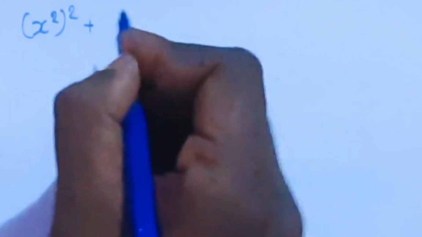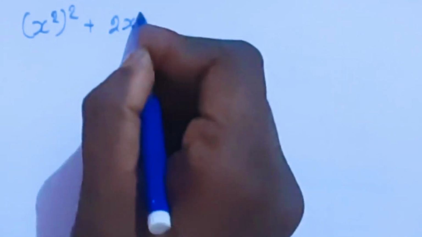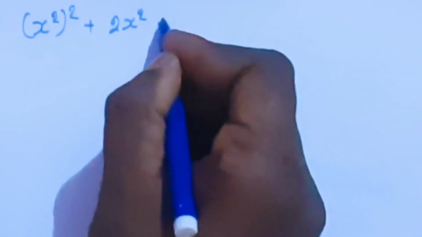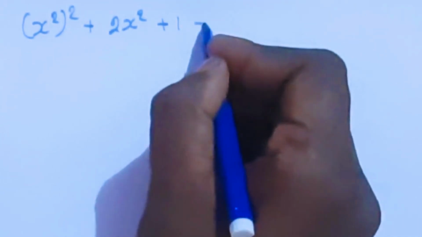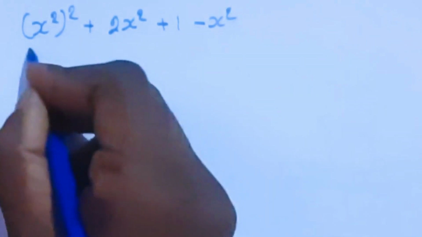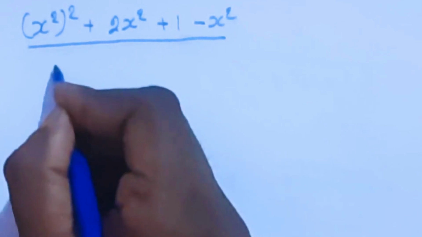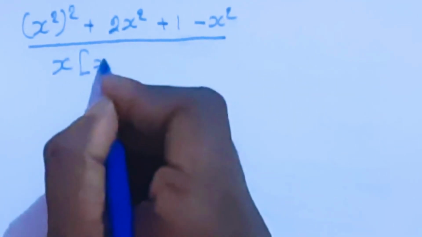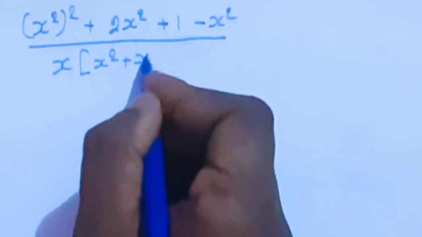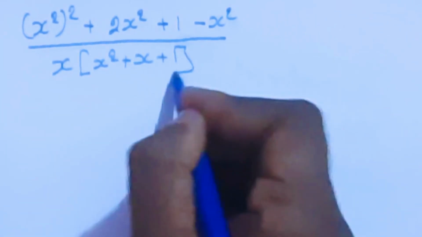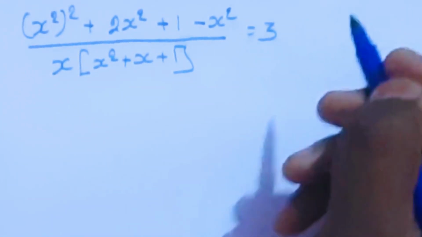Now this (x^2)^2 + 2x^2 + 1 - x^2, divided by x (x^2 + x + 1) = 3.